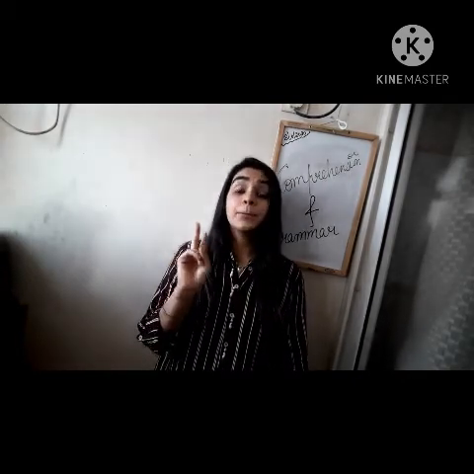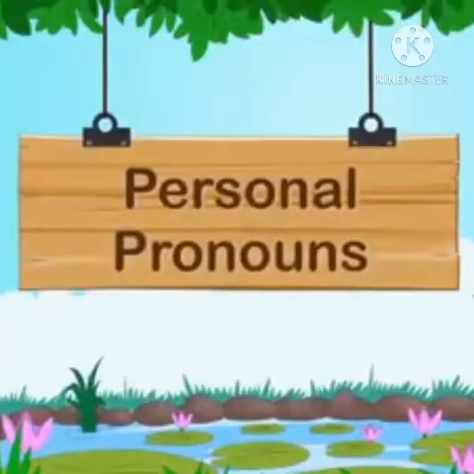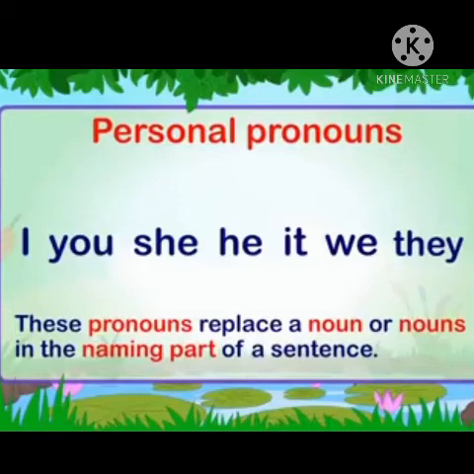We have done 2 types of pronouns. First is personal pronoun, second is possessive pronoun. Personal pronouns are the words I, you, she, he, it, we, they, as these pronouns replace a noun or nouns in the naming part of a sentence.